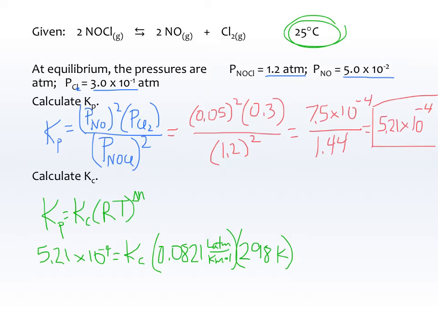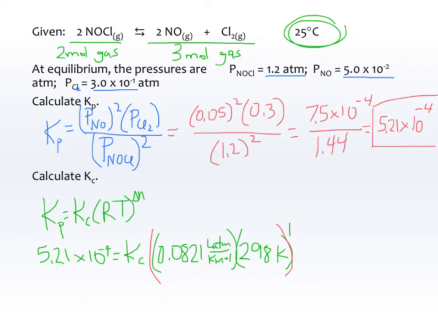Over here on the product side, there are 3 moles of gases. If we look on the reactant side, there are 2 moles of gases. So if I do products minus reactants, that's 3 minus 2, so I'm going to raise this to the power of positive 1. When you're typing this in your calculator, it's 0.0821 times 298 and all of that raised to the power of 1 before you multiply times Kc.